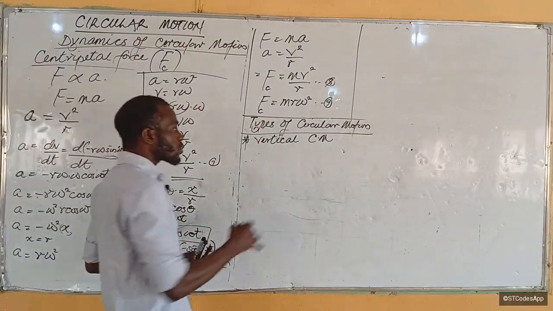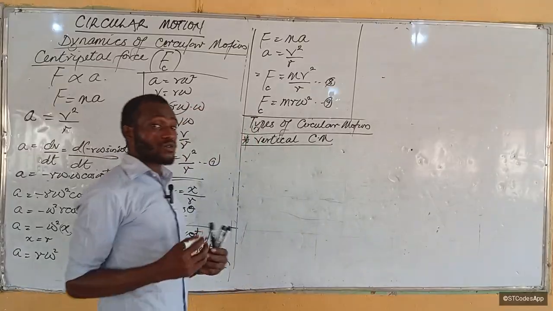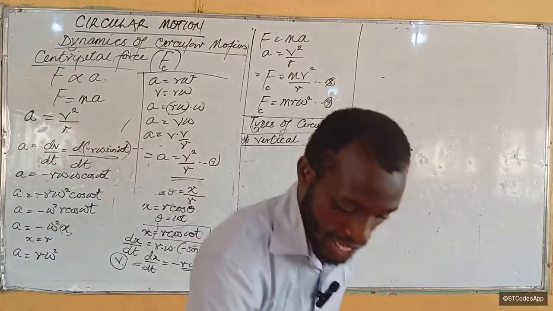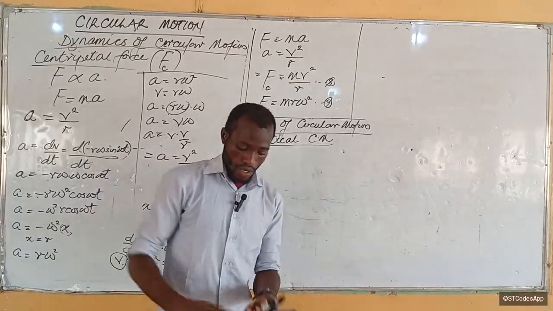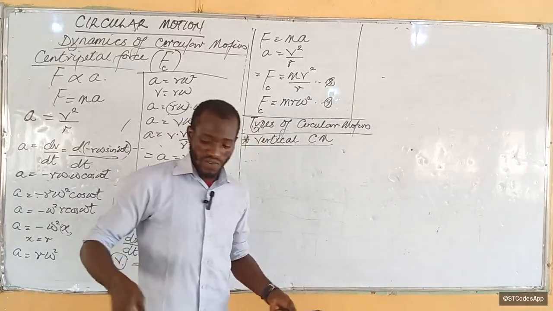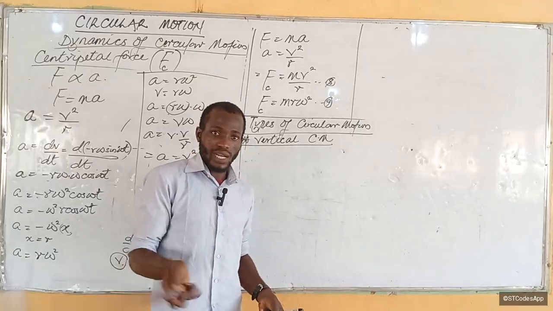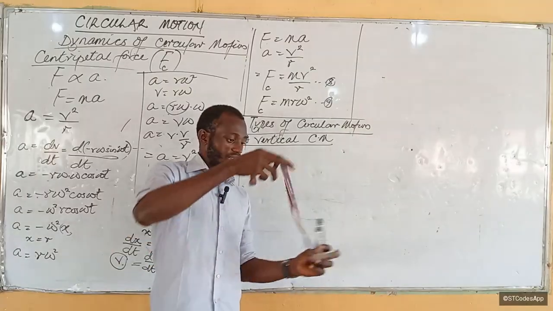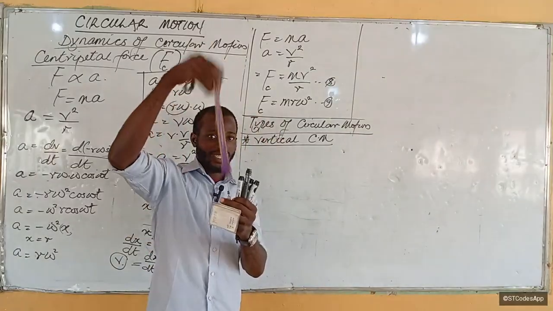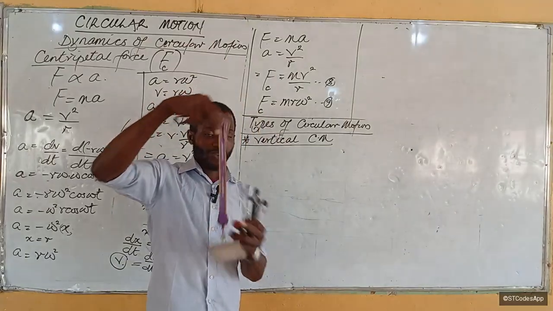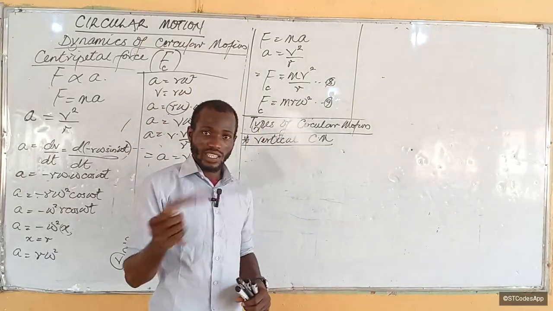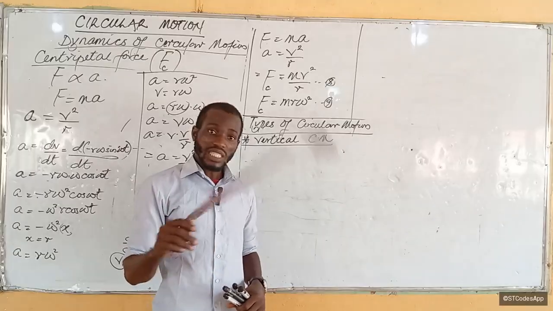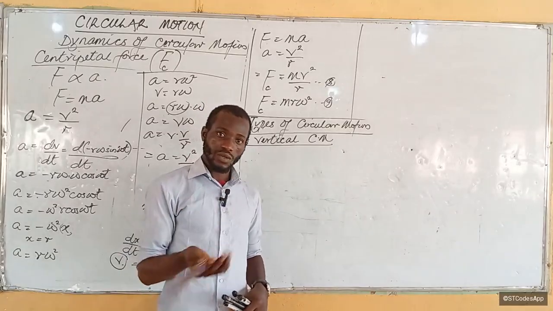Then we'll deal with horizontal circular motion. Now for vertical circular motion, this is what I showed you at the beginning of this video. When this body is moving like this, it is vertical, right? Actually, my own has an extensible string, that's why you might be seeing it going like that, but if it had no extensible string, it would just go in a regular circular path like this. So this is horizontal circular motion.